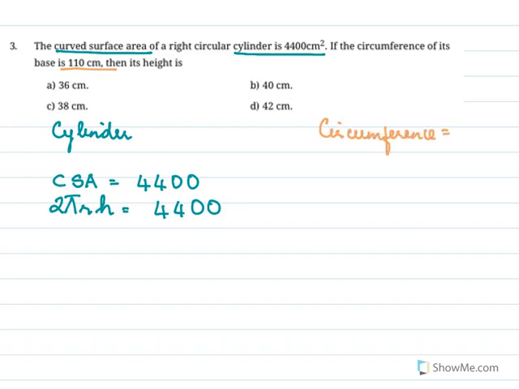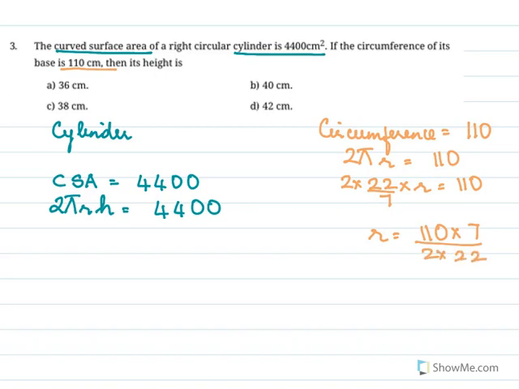Circumference is 2 pi r. So 2 pi r equal to 110. 2 into 22 by 7 into r equal to 110. So r equal to 110 into 7 over 2 into 22. And when you reduce this, you get r as 35 over 2.